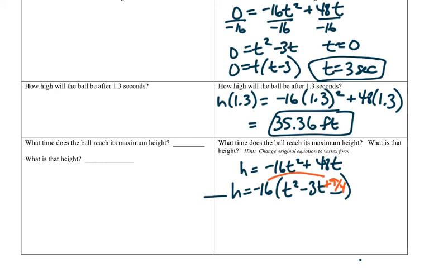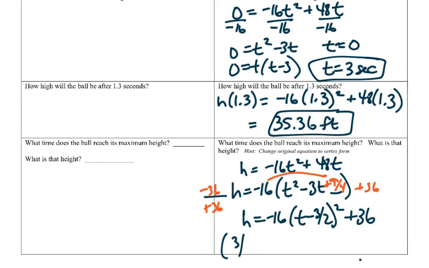But when I go to multiply that and add it to the other side, it's actually negative 36, which just gets added over here. So I have h equals negative 16 times t minus 3/2 squared plus 36. So that means my vertex is 3/2 comma 36. So the time the ball reaches the maximum height is 3/2 or 1.5 seconds. And the height is 36 feet.